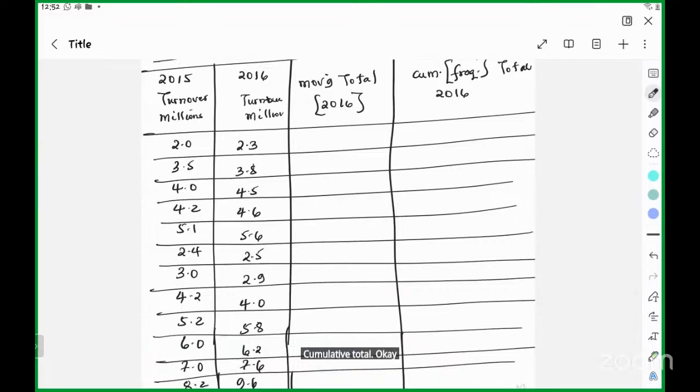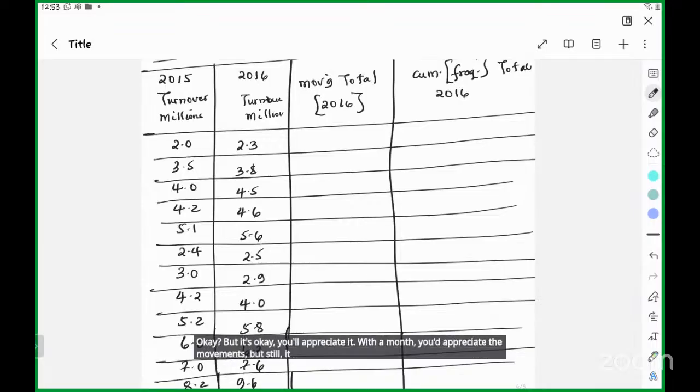Okay, now the moving total. What I didn't do, I didn't put the months. But it's okay, with the months, you would appreciate the movements. Still, the examiner usually gives you the months, which you can indicate or not.